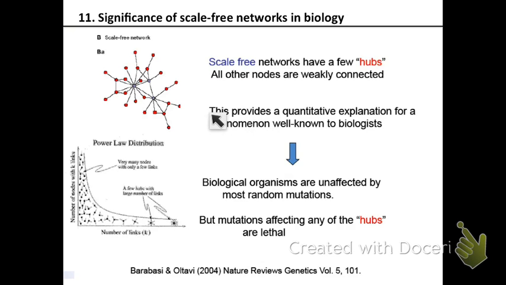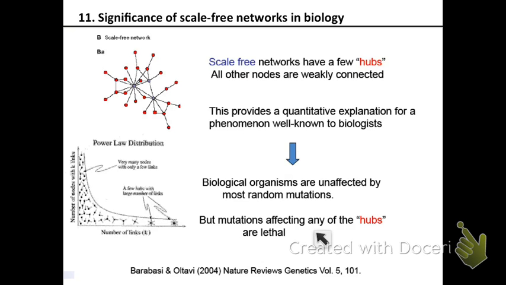This kind of scale-free network provides a quantitative explanation for a phenomenon well known to biologists, that biological organisms are unaffected by most random mutations, so you can delete or mutate a great number of genes in our body, and it's not going to show much of an effect.